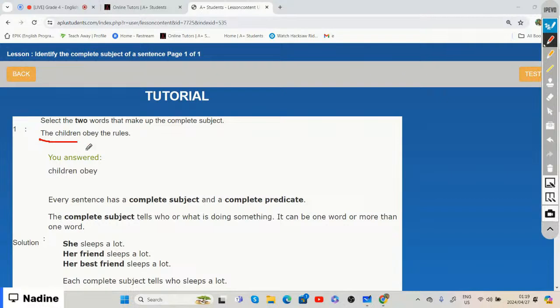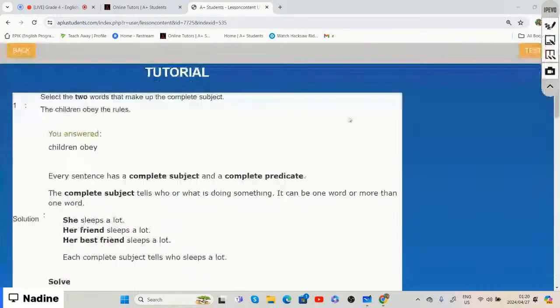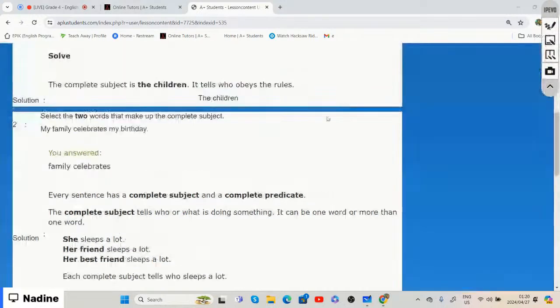All right. My family celebrates my birthday. We need to select the subject, which is two words.